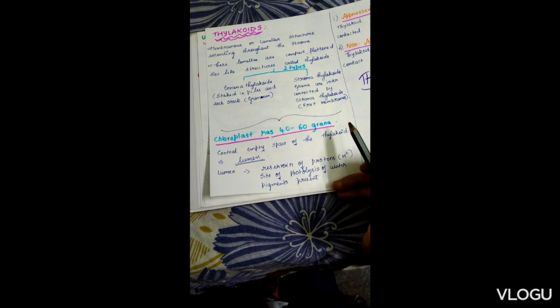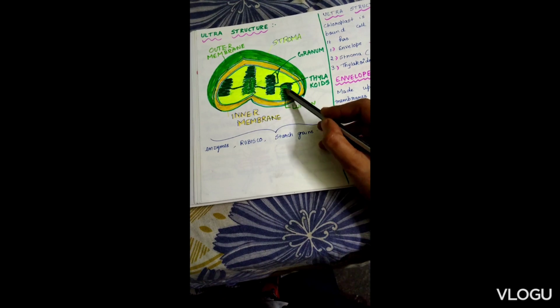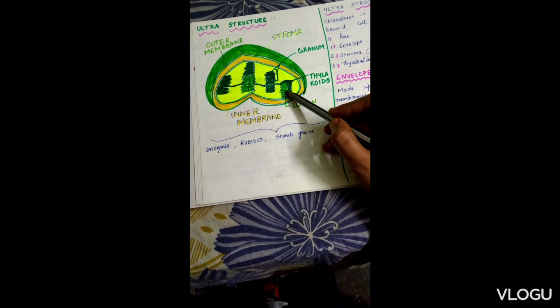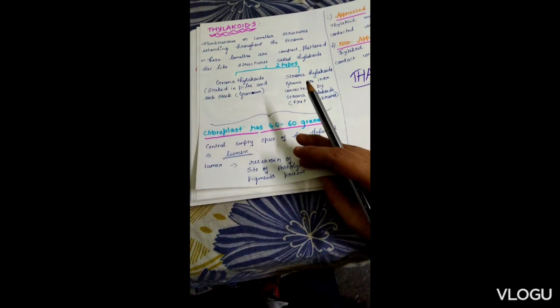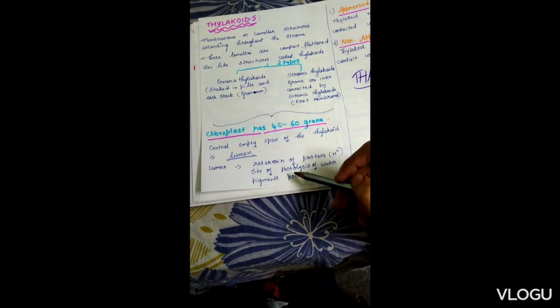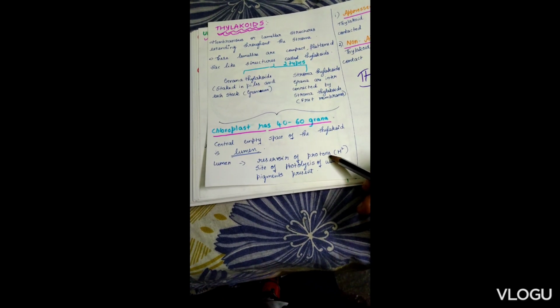Okay, the central empty space of the thylakoid is called lumen. You can see here the light green structure. When we take the ultra structure of chloroplast, you can see this lumen which is present in the center of the thylakoid. They are reservoirs for the protons. Now protons are very important during light reaction and also food preparation.